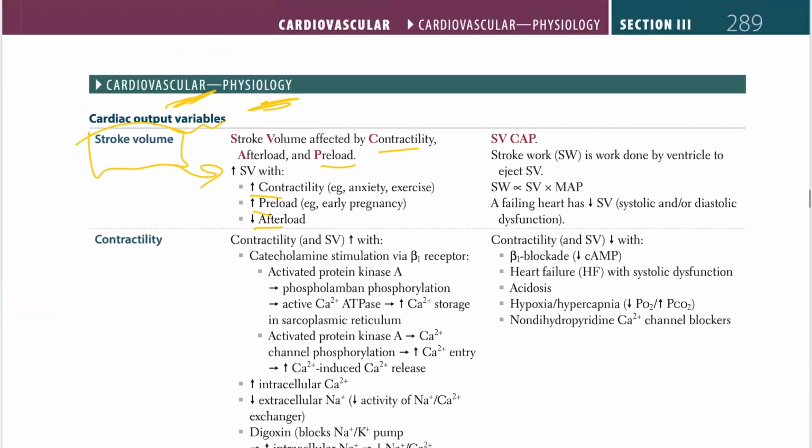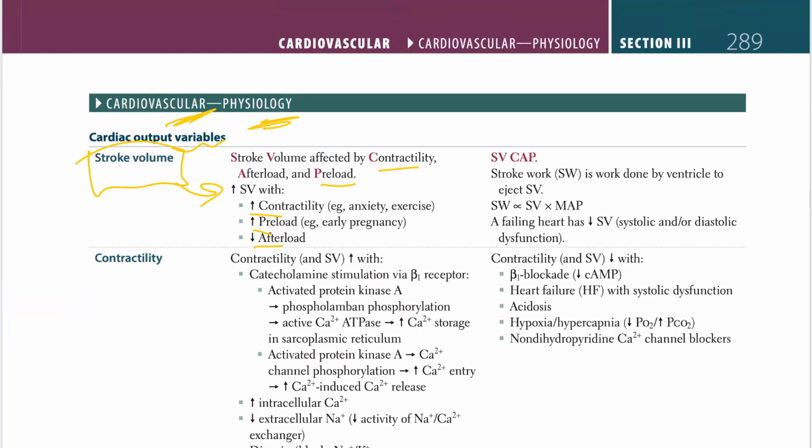So let's look back here. What is increasing that blood pushing out of the left ventricle? An increase in contractility. It's simple. And where do we see an increase in contractility? Anxiety, exercise. When you have more contraction, more blood is going to go from your left ventricle into your aorta. Same thing goes with preload. The more blood comes into the left ventricle, the more goes out.